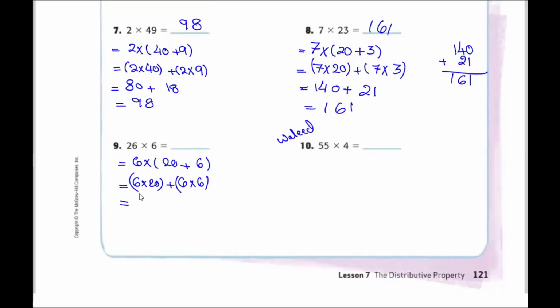So it would be 6 times 20 equals 120. Perfect. Then 6 times 6 equals 36. Yes, perfect. 120 plus 36 is 156. Okay.